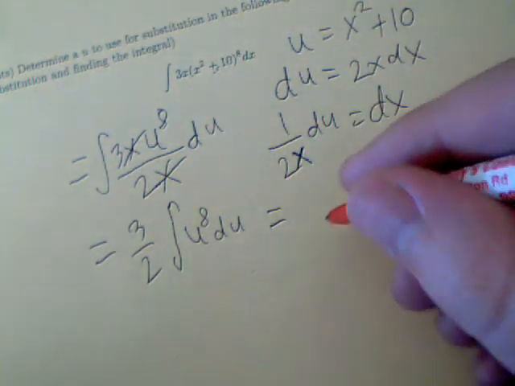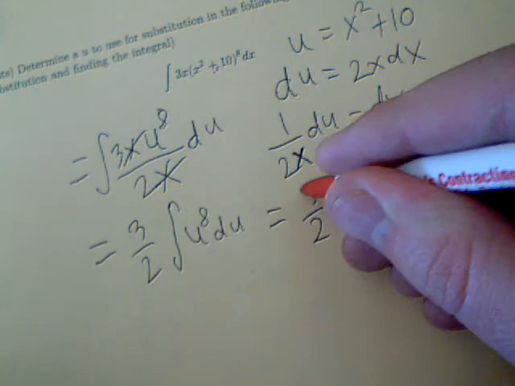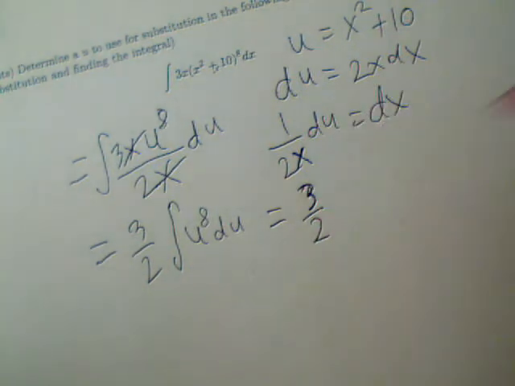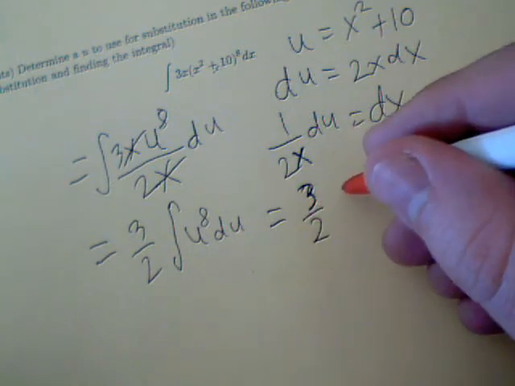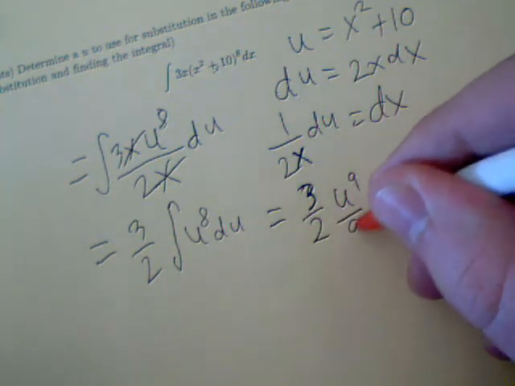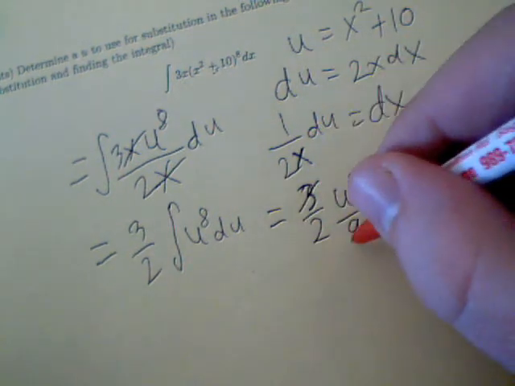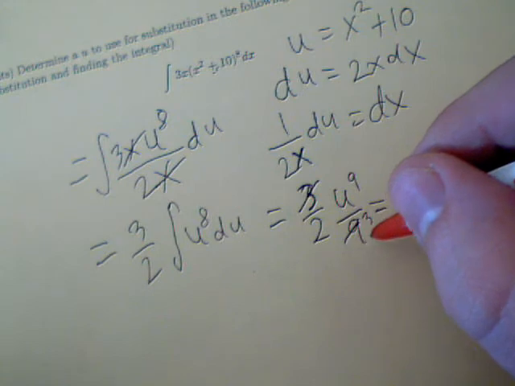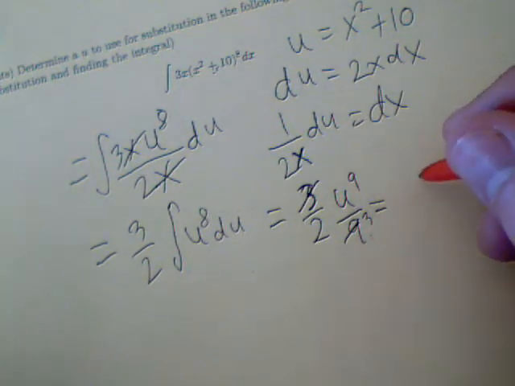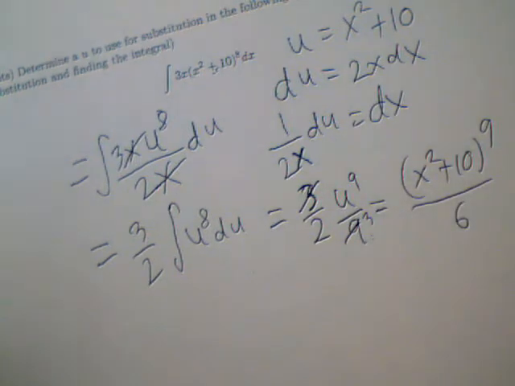Well, I know what the integral of u to the 8th du is. Got the 3 halves still sitting out front. And then we get u to the 9th over 9. But I know what u is, and oh look, a little bit of that's going to cancel actually. So 3 cancels with 9, you're left with 3 down here. u is actually x squared plus 10 to the 9th, and down here we've got a 6.